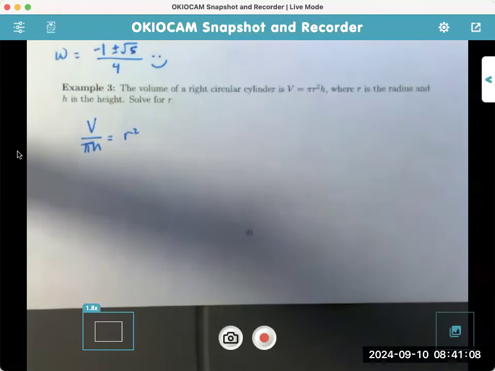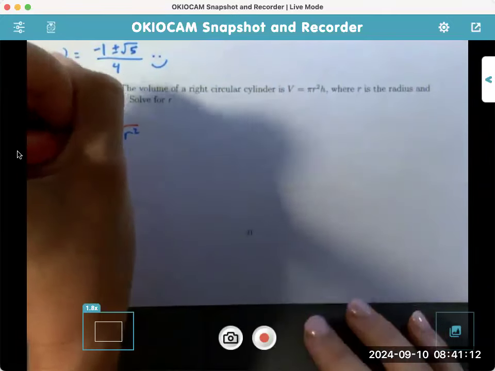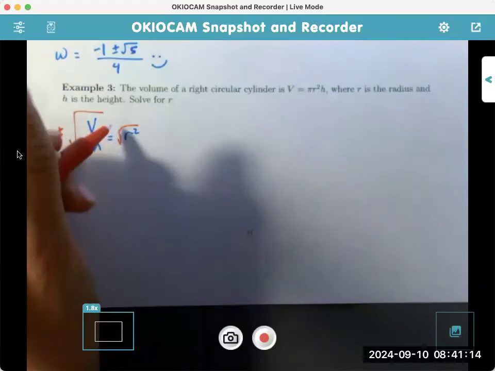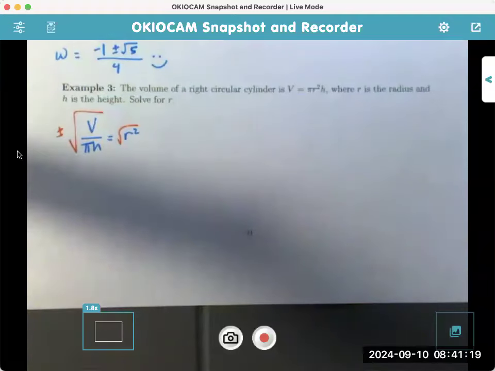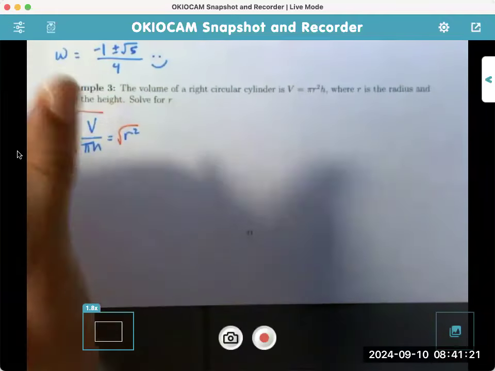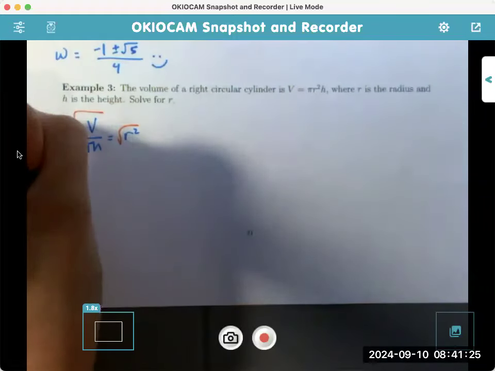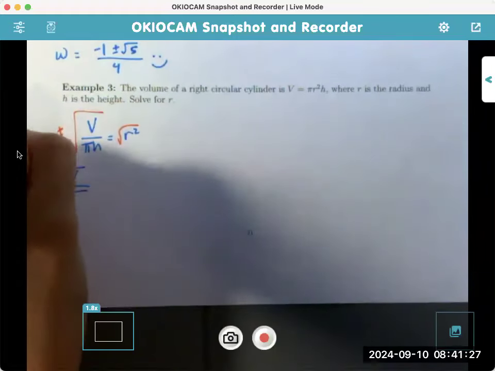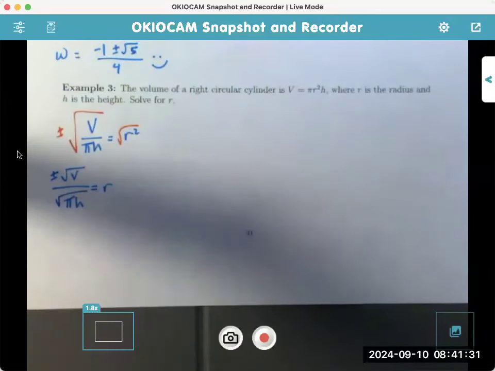Now what do we do? Square root both sides, not forgetting the plus minus. Although we don't technically need the plus minus over here because the root is undoing the square. So I have plus or minus square root of v over pi h is equal to r.